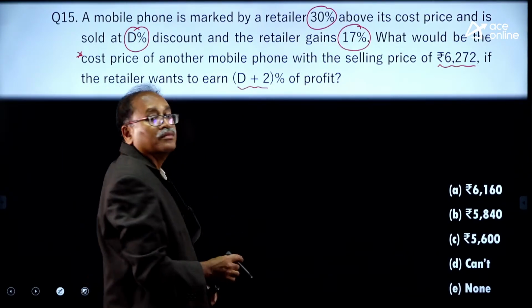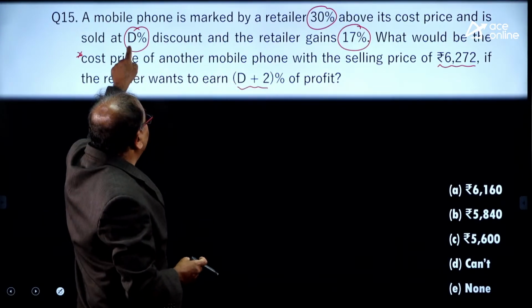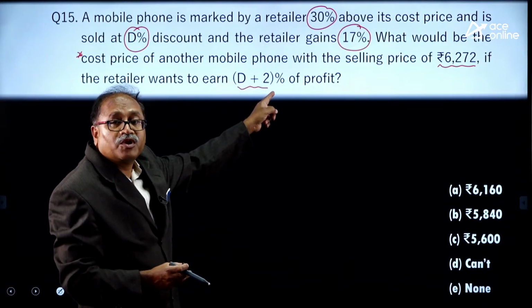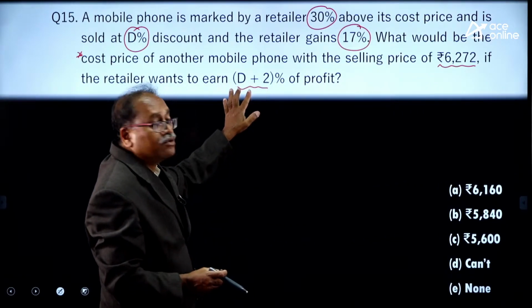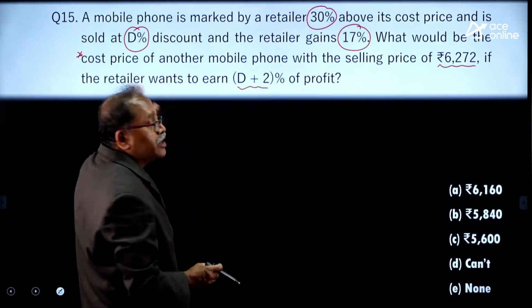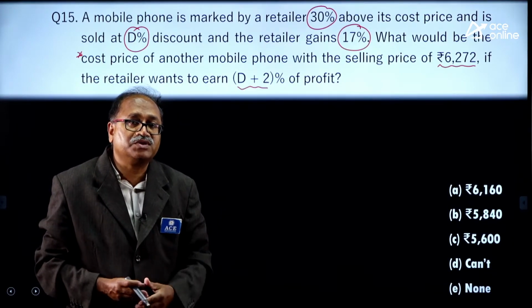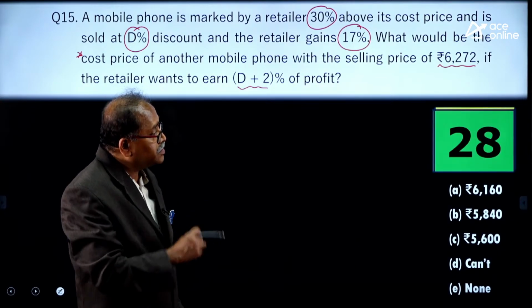So, with the first information I can find out the D, and once I get the D I will get the profit percentage. I have the selling price over here, I have the profit percentage here, I can find out the cost price. Come on, my friends, this is the last question of this day, and your 30 seconds starts now.